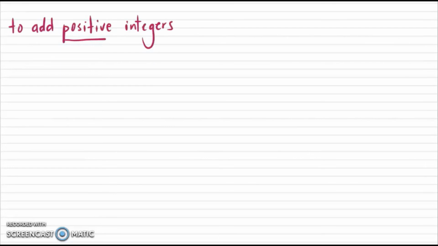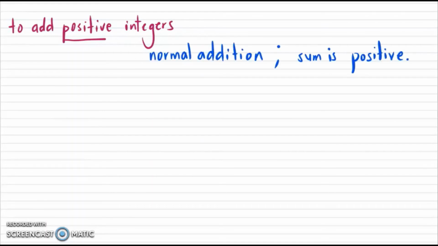Now, before we go to subtraction of integers, let's first have a recap of addition of integers. So, how do we add positive integers? We will just do normal addition and the sign of the sum is still positive. Then, how do we add negative integers?